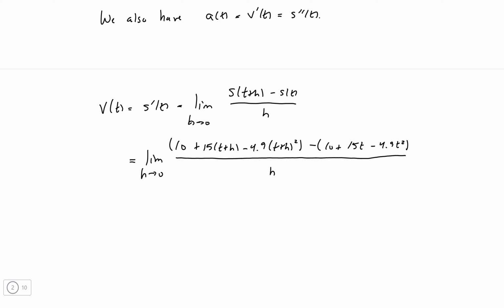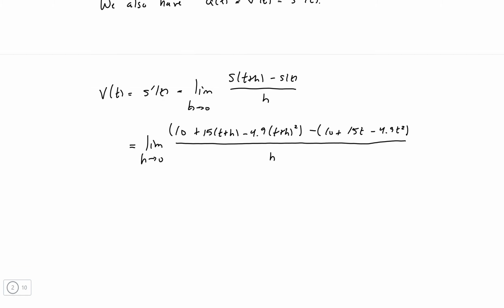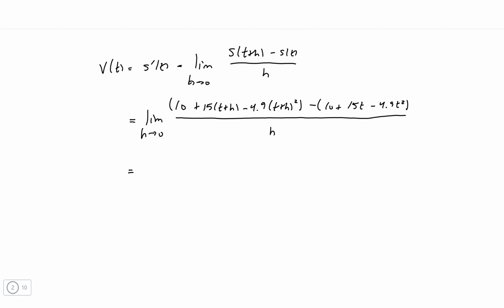All we've done here is plug into the formula for the position. Now we're going to simplify by FOILing things out, and then we'll get some cancellation.